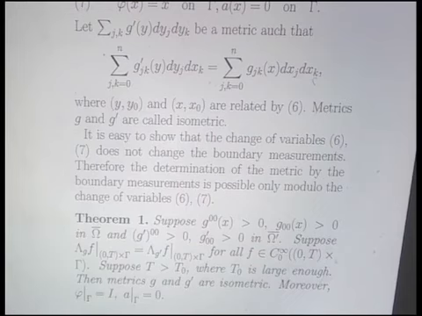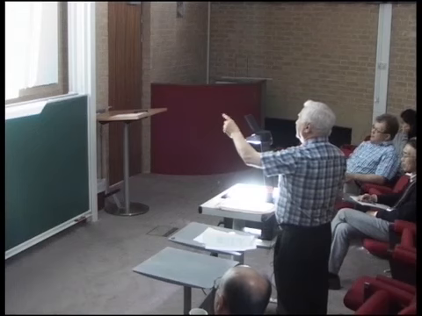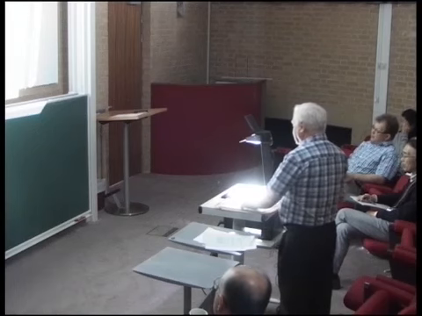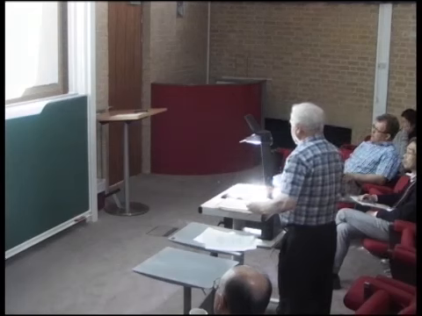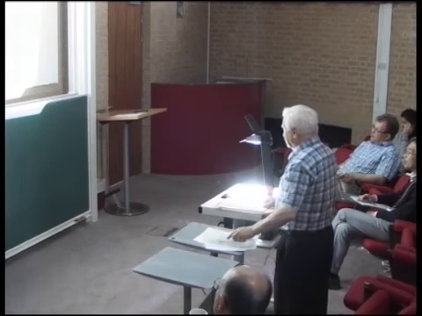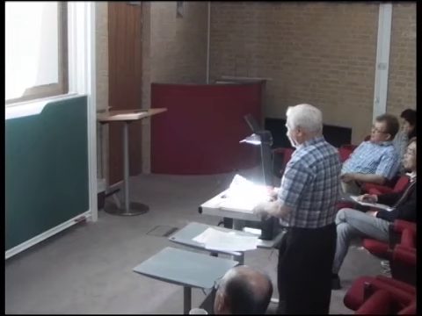And suppose T is larger than T0, where T0, defined geometrically, is sufficiently large. Then the metrics are isometric. Moreover, the change of variable is such that phi is the identity on gamma and a equals 0. So this is the theorem of uniqueness of the inverse boundary value problem.